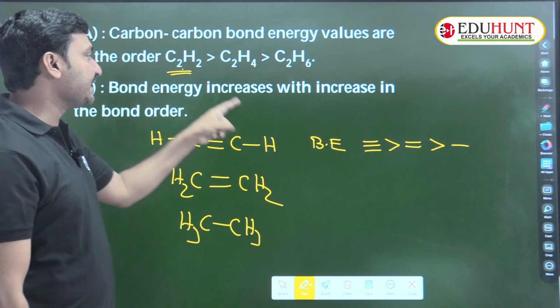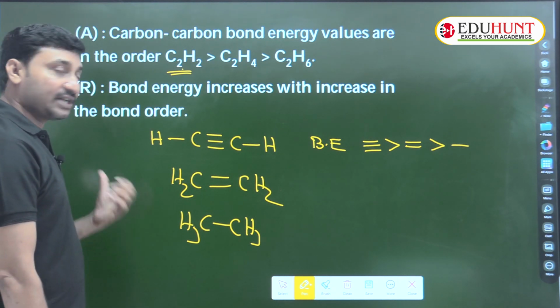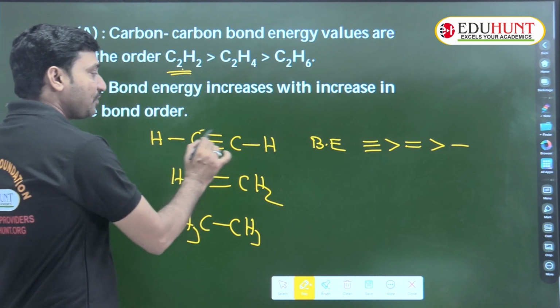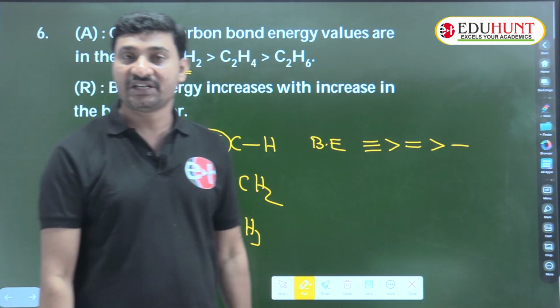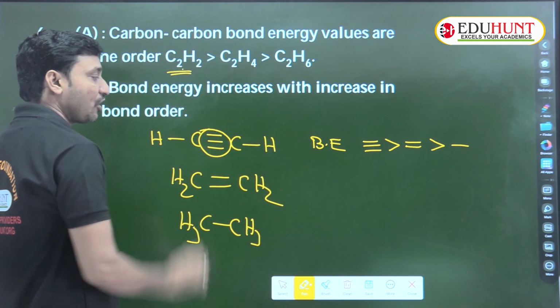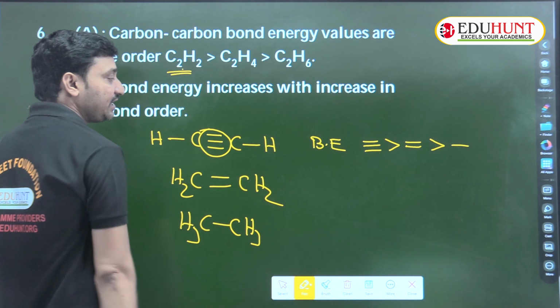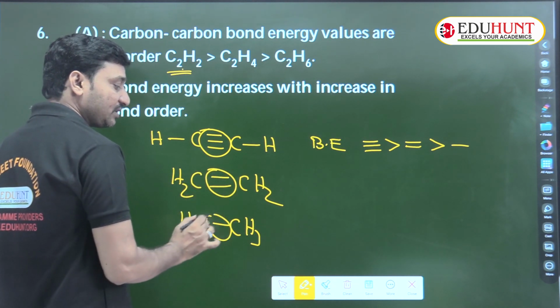Bond energy increases with increasing bond order. Bond order means number of bonds between the 2 atoms. Here 3 bonds between 2 carbon atoms, so bond order 3. Here bond order 2. Here bond order 1.